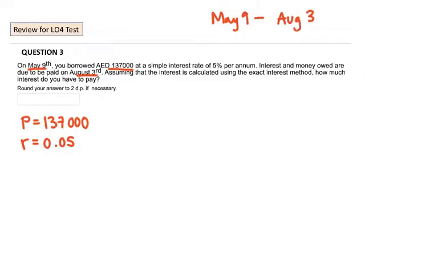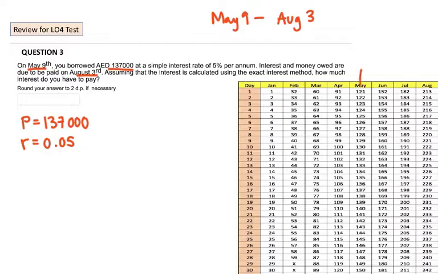Whenever I see dates, I want to pull up the Julian calendar. So let's find May 9th on the Julian calendar. May 9th is day 129 in the year, and August 3rd is day number 215 of the year. So we want to know how many days total that is.